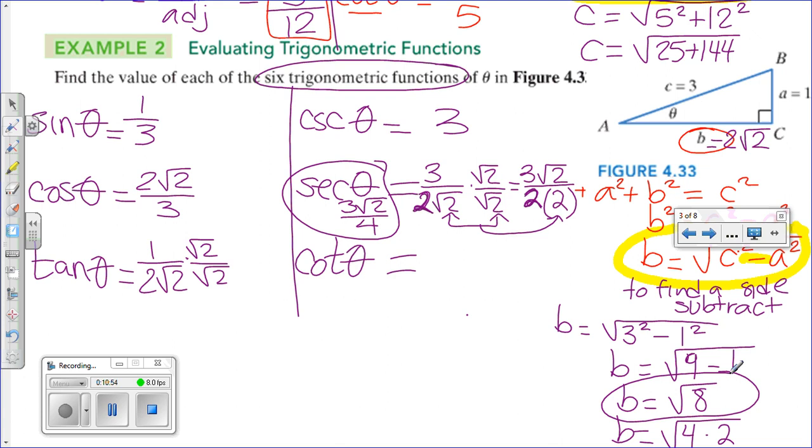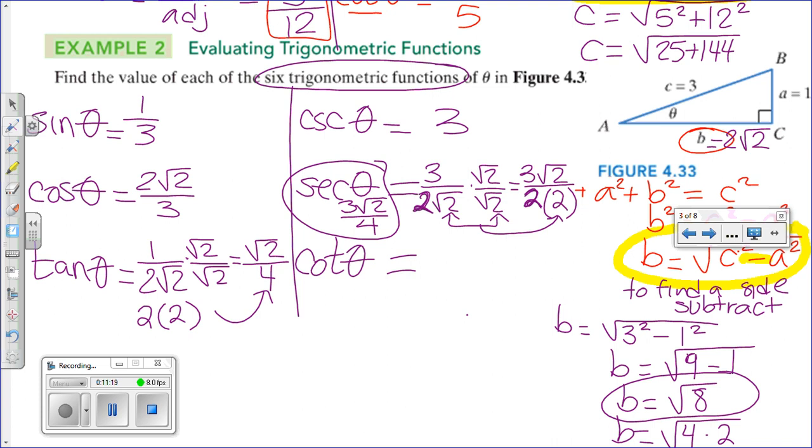Sorry about that. On the exam, I'm okay with that. So here, after we rationalize the denominator, we should have square root of 2 over 4. Yes. And why is it 4? Because we will have 2 times 2, right? That's what gives us the 4.